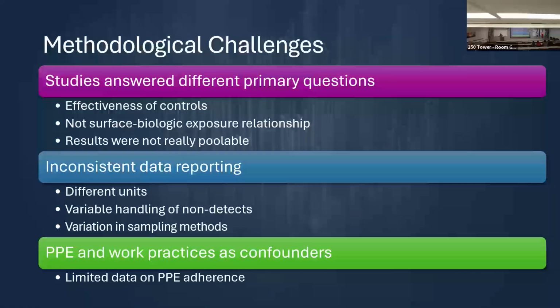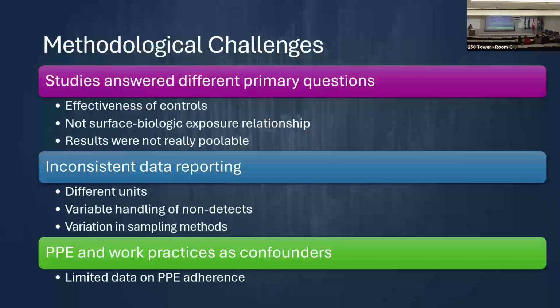So this article encountered a lot of methodological challenges, and this was primarily because the studies in question were answering different primary questions, right? This study was looking at trying to find the link between your surface contamination and your actual absorbed exposure.